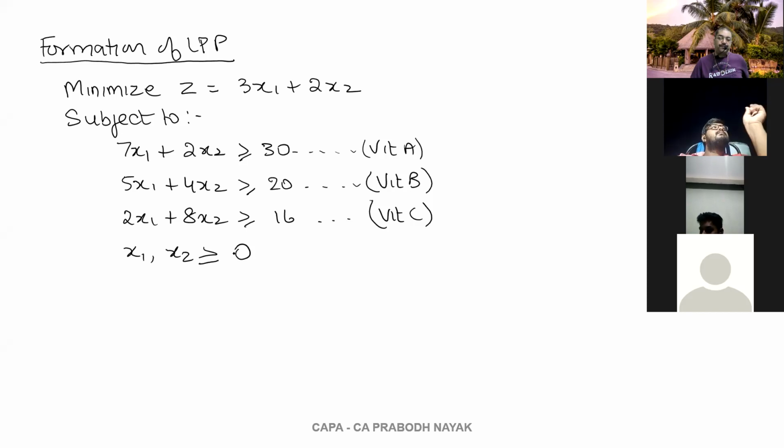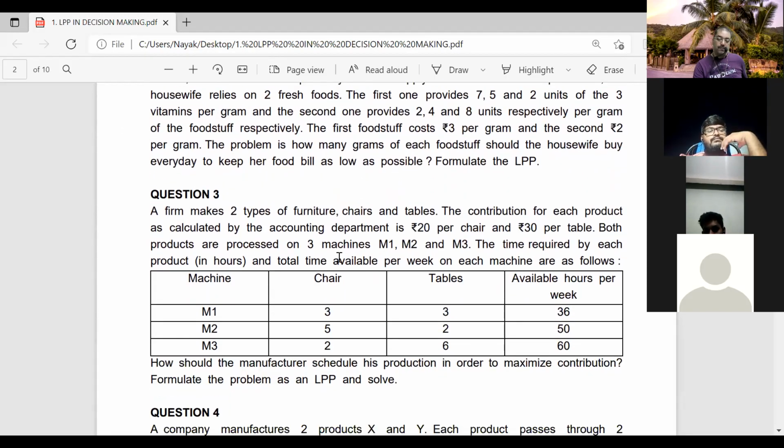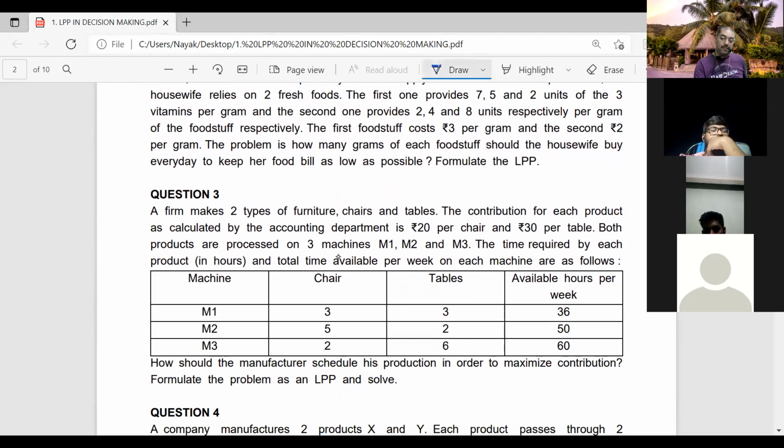Question number 3. A firm makes two types of furniture, chairs and tables.